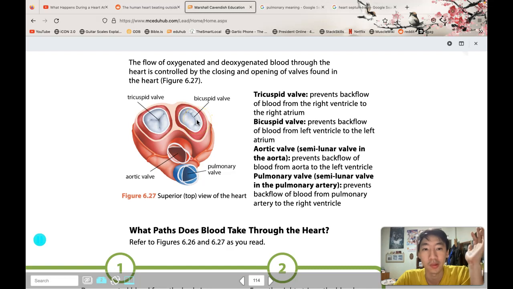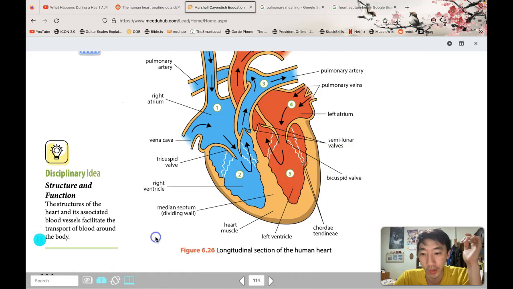Now, all valves always prevent backflow of blood from the chamber to the previous chamber. And we also have these 2 valves over here. They have 2 names. They are called the aortic valve, which is also known as a semilunar valve in the aorta, and the pulmonary valve, which is also known as the semilunar valve in the pulmonary artery, as we can see over here.